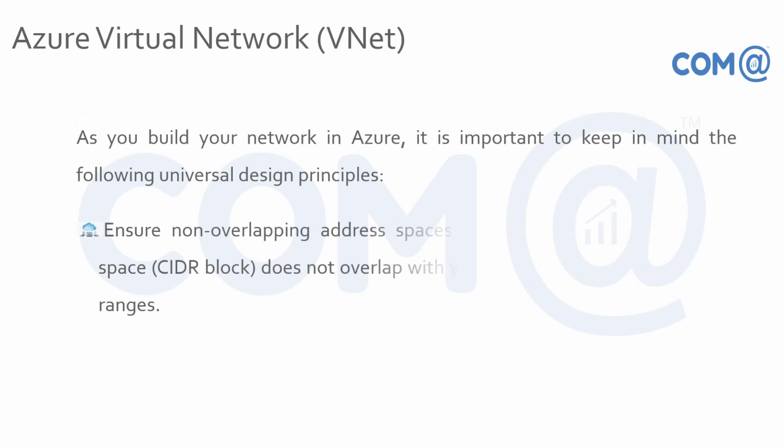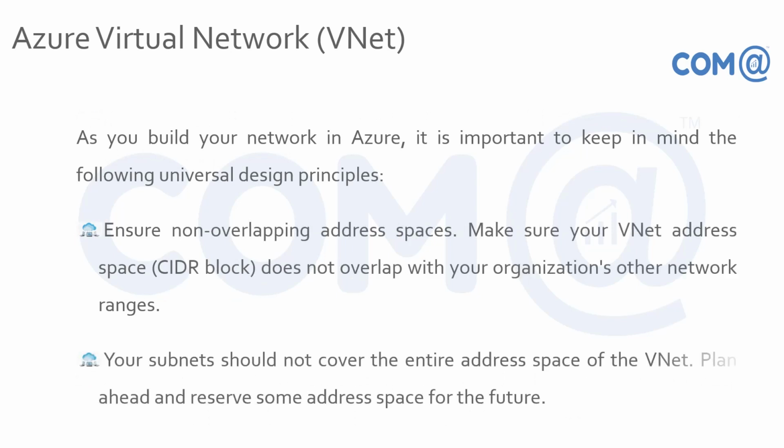As you build your network in Azure, it is important to keep in mind the following universal design principles. While creating the VNet, we need to ensure there is no overlapping of address spaces between your on-premises network and the Azure VNet, or between the Azure VNets. Make sure your VNet address space, that is the CIDR block, doesn't overlap with your organization's other network ranges.